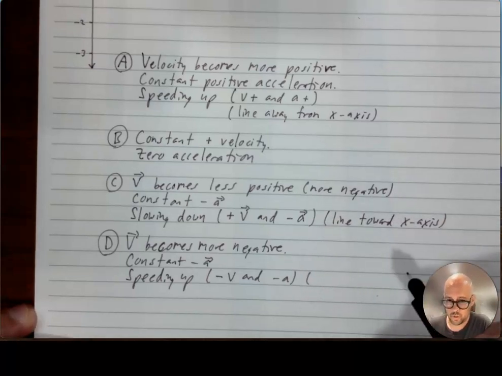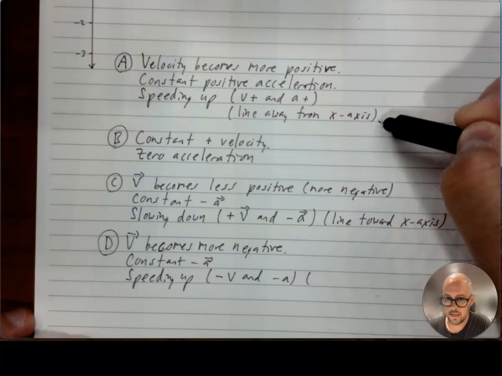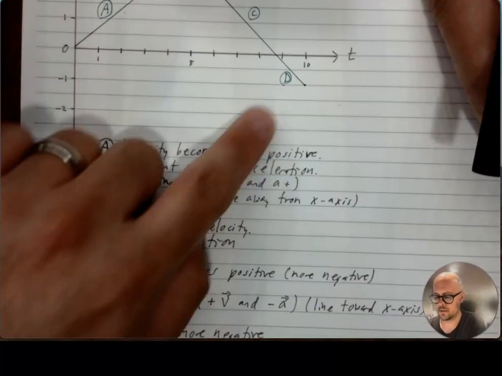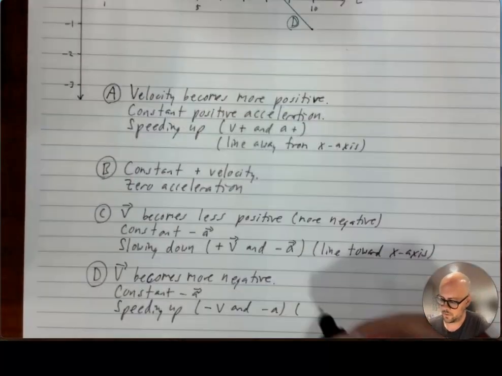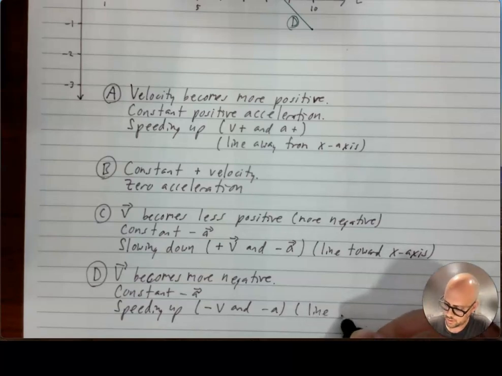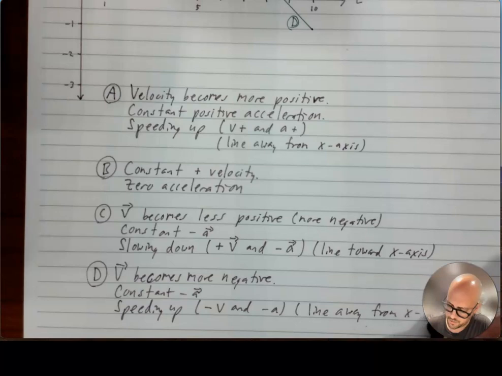And more importantly, this line is again moving away from the x-axis, right? So this line is pointed away from the x-axis.